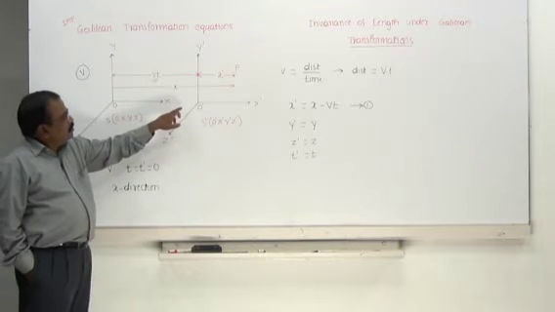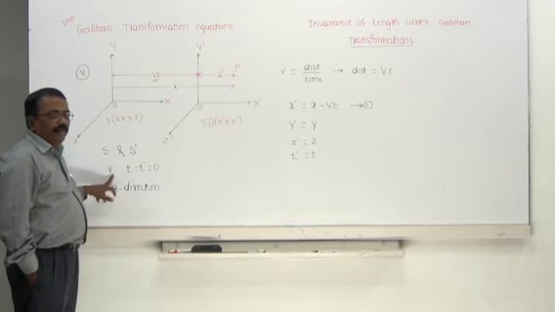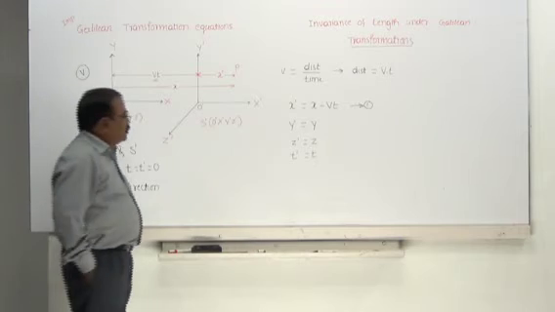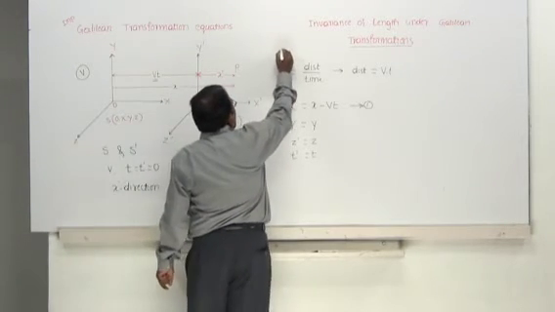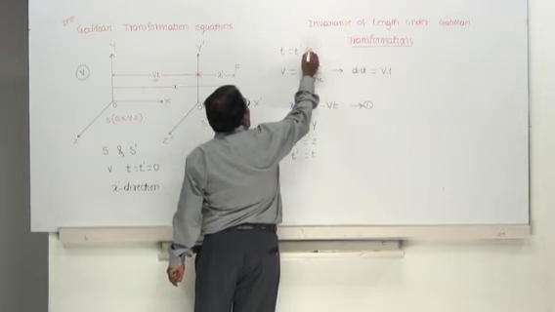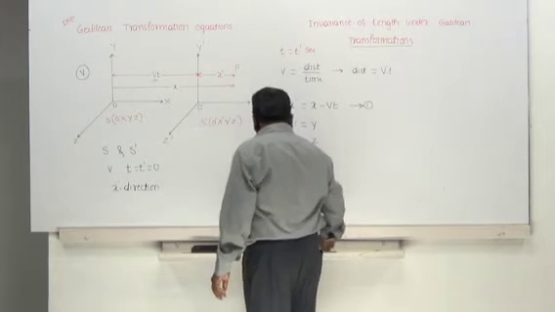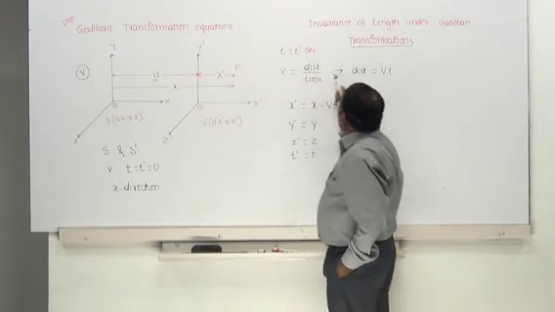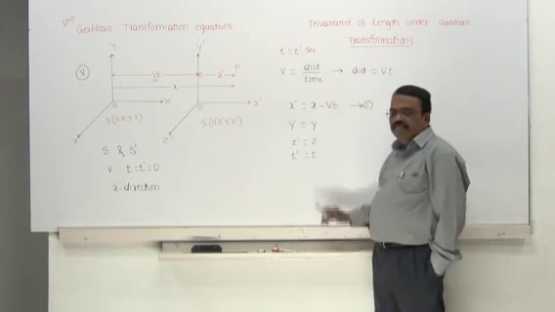Let this frame of reference S dash move with a uniform velocity V. After time t seconds, t is equal to t dash seconds, the distance traveled by this S dash frame is given by V into t.